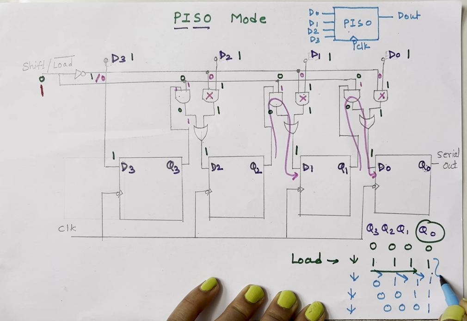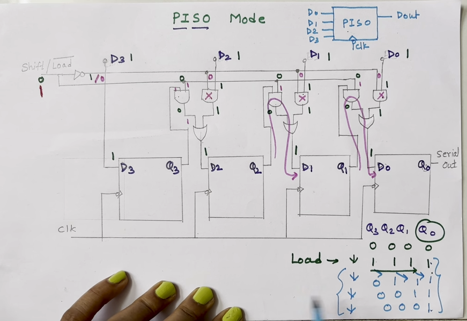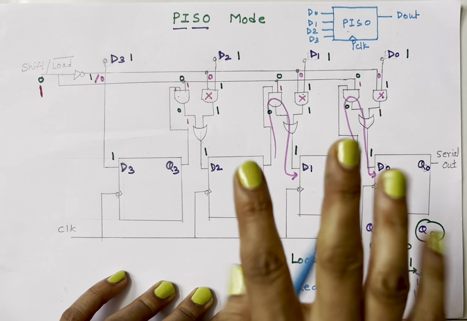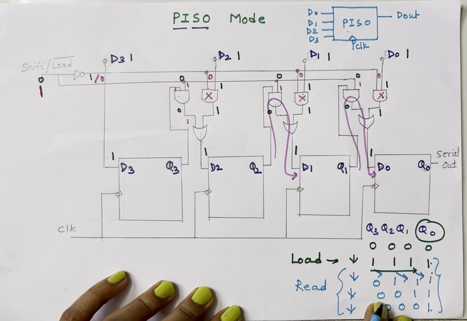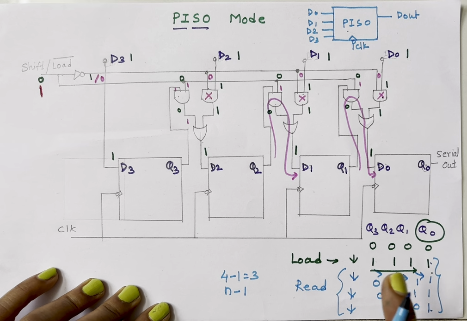Now you can see I got all 4 bits. My first bit is LSB, and this is my MSB. So how many clock cycles are needed now? To read, we need 3 clock cycles. The number of bits is 4. So how many clock cycles are needed here? 4 minus 1, that is 3. So n minus 1 clock cycles are needed for reading the data.